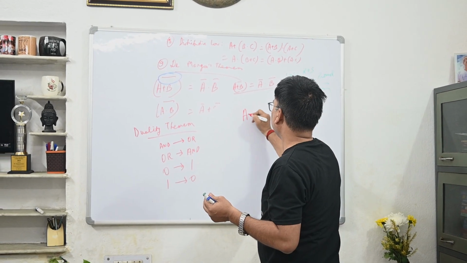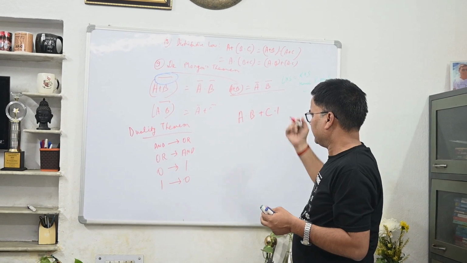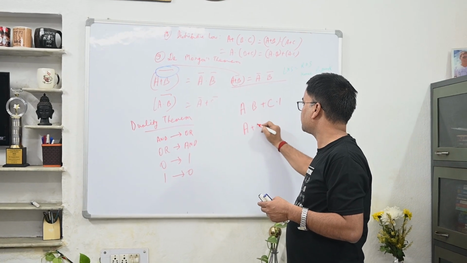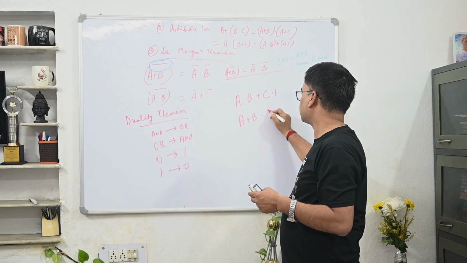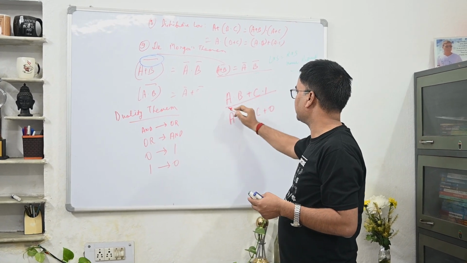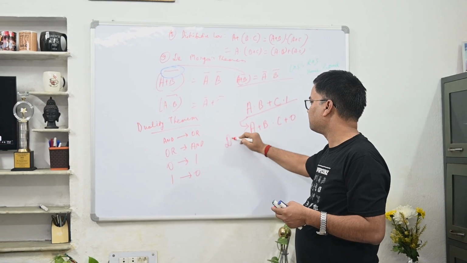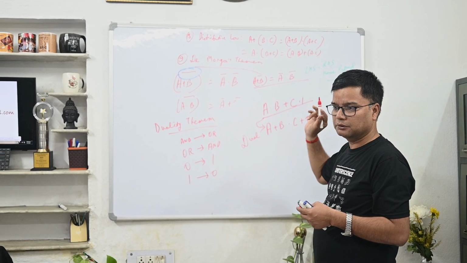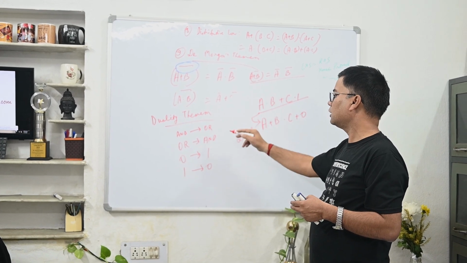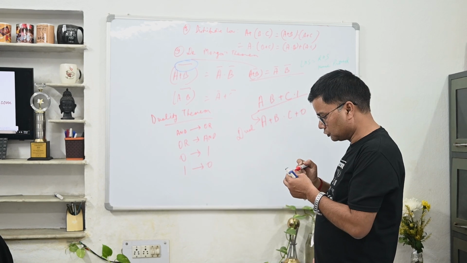If I have A dot B plus C dot 1, it will be A plus B dot C plus 0. So from this expression I got this expression. This is the dual of the given Boolean expression.